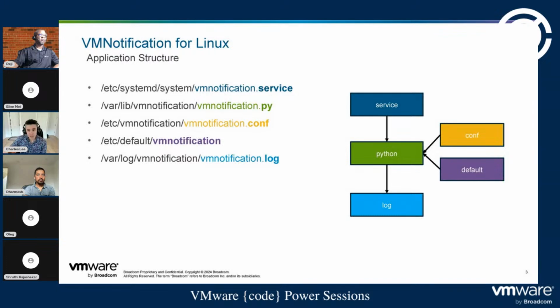What we provide boils down to 5 files. We have a standard Linux systemd service. We have a script, which is a Python program that implements the main logic as described by Oleg. We have a configuration file, which is the user configurable file where we can set different things such as the check interval, the pre and post commands, and some other options regarding logging.